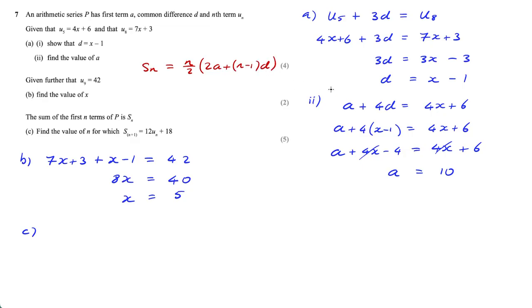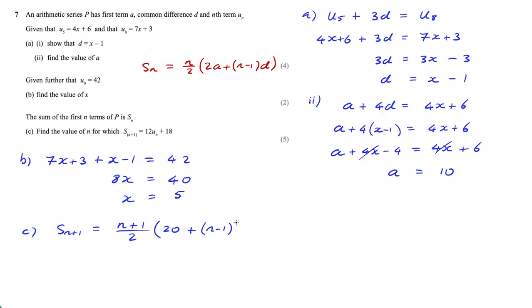Now he wants S of n plus 1. So S of n plus 1 is equal to n plus 1 over 2, times 2a, which is 20, plus n minus 1 times d.